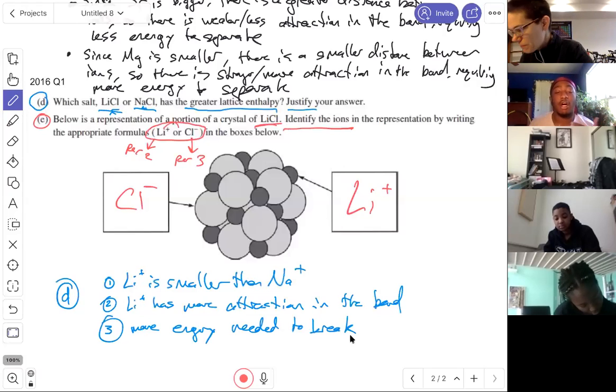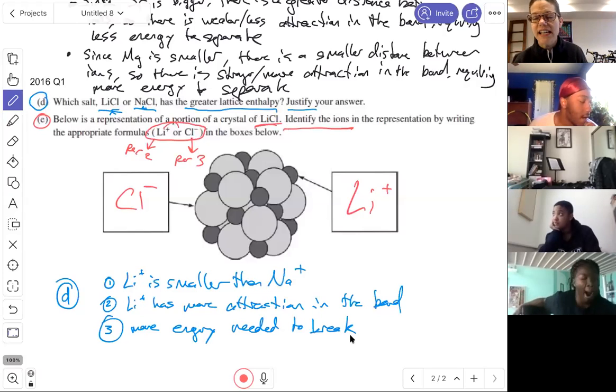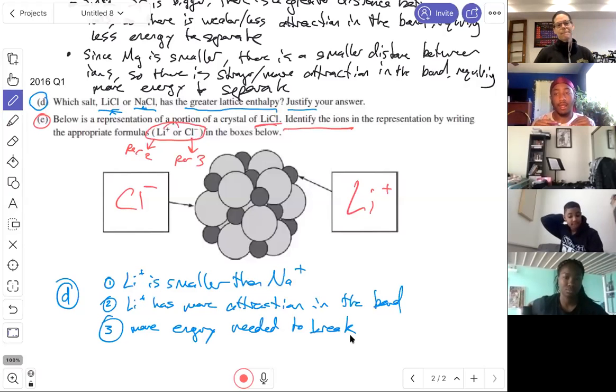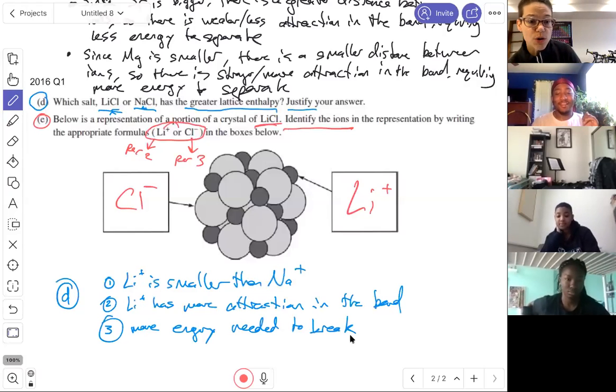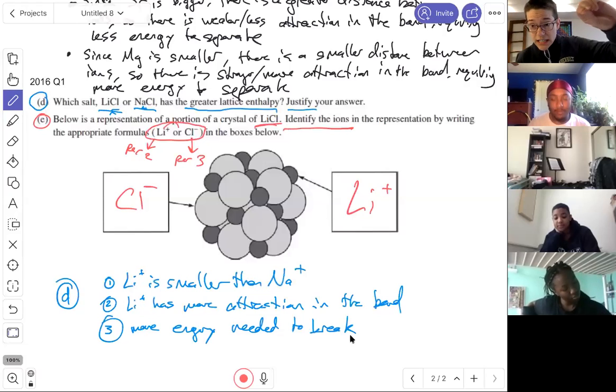Do we need to also reference energy levels here, or can it just be as simple as it's smaller? It can just be as simple as it's smaller because they didn't specifically ask for that. In the question where they wanted it, they said, explain it based on this and this. You can tell that this is an older question and that other question was a newer question, because they're trying to be more specific and say, I want your explanation based on this specific thing. That's one thing they've been doing better with.